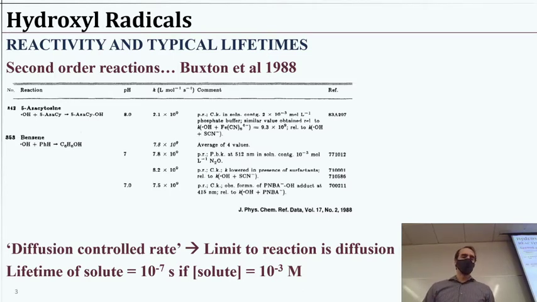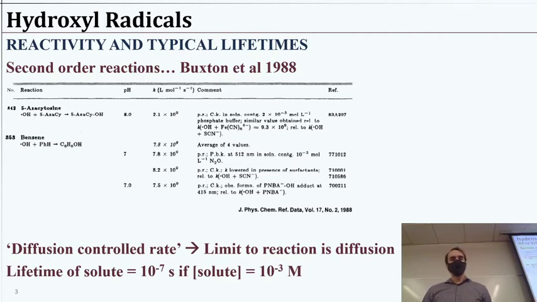And so it turns out that the lifetime of a solute, so let's say the lifetime of a hydroxyl radical, is going to be about 10 to the minus 7 seconds. So it's like 0.1 microsecond or 100 nanoseconds, if the concentration of the solute is 10 to the minus third moles per liter.